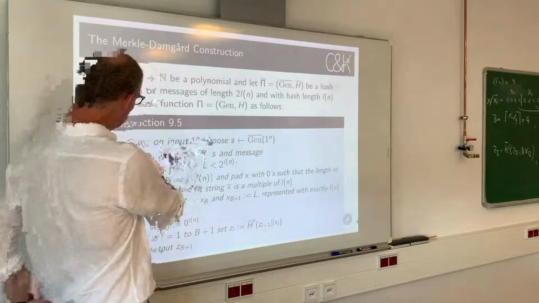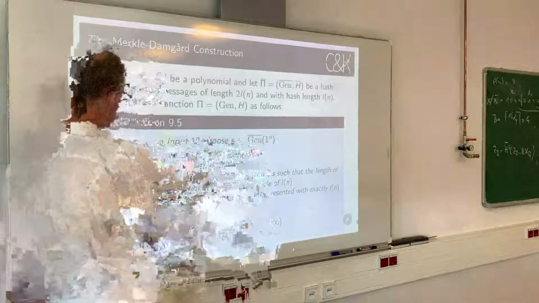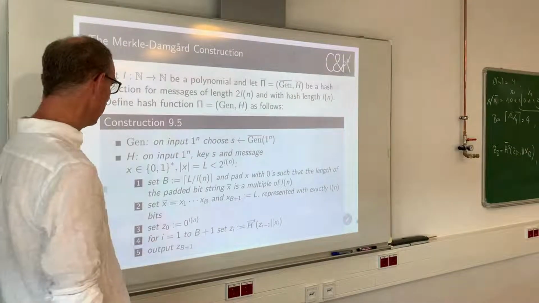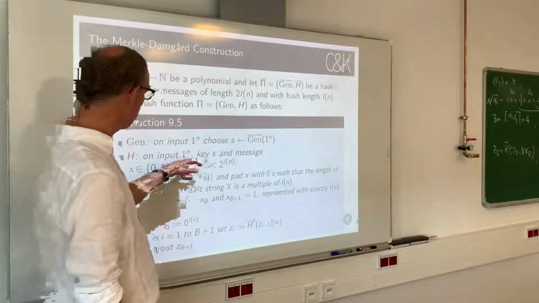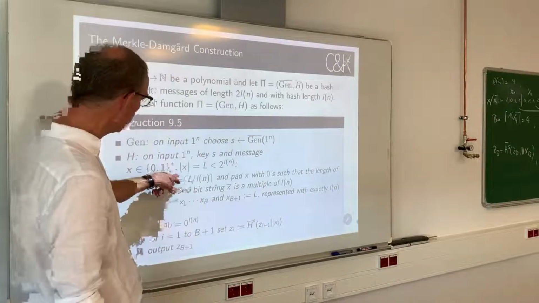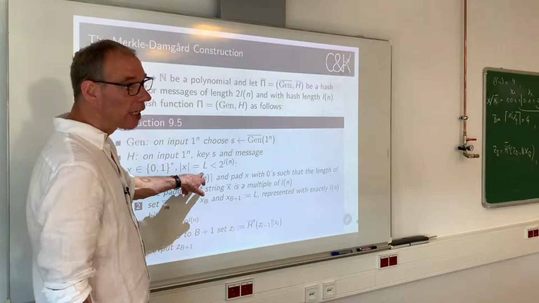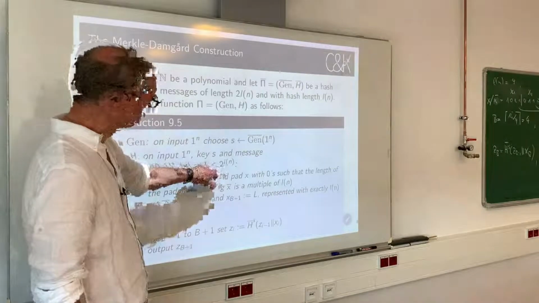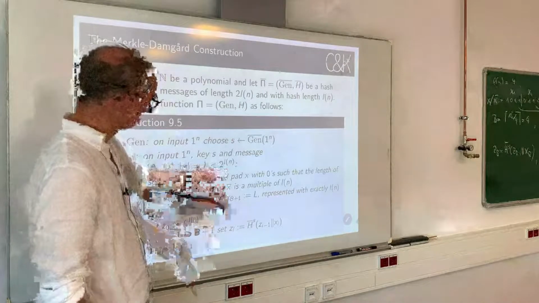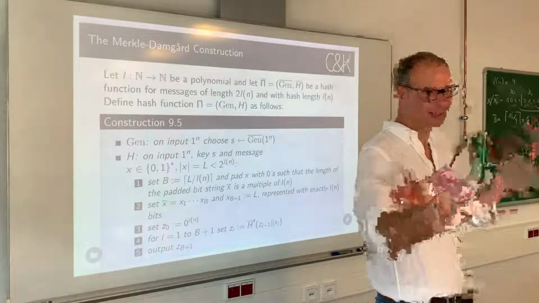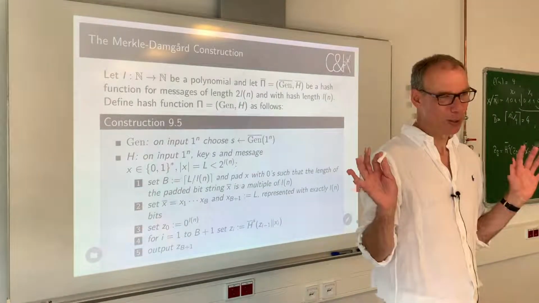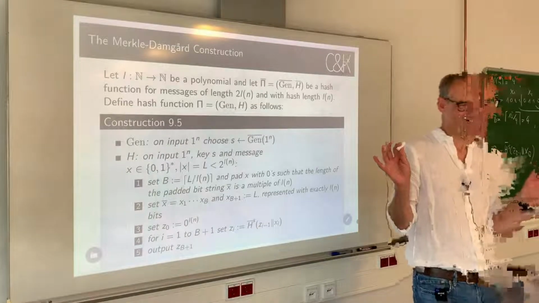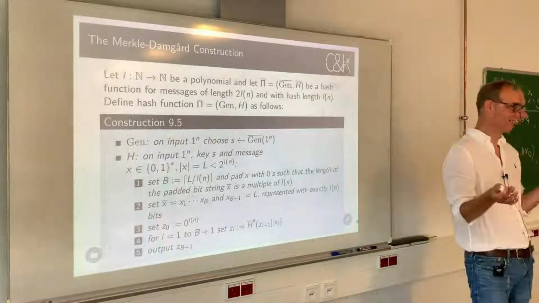On input 1 to the n, we choose again the key using the original key generation function. Then h on input 1 to the n, key s, and a message x in {0,1}*, whose length is upper bounded by 2 to the l(n). For longer messages, I don't care what you do, say the hash value is l(n) zeros, because no adversary can output such a message, and in practice, no such message exists.